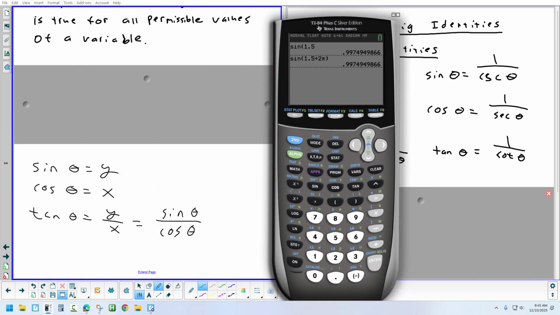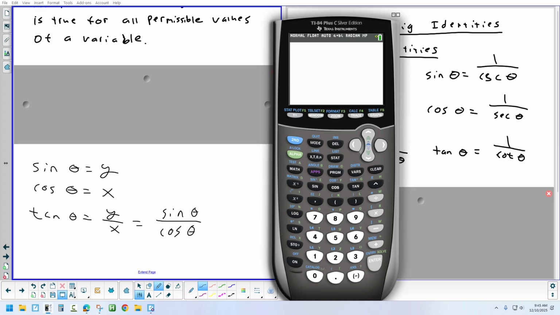So if you wanted to figure out, let's say, the tangent of 4.3 radians, and for some reason you didn't have a tangent button, you could take the sine of 4.3 and divide by the cosine of 4.3. Dividing the sine by the cosine gives you the exact same thing as the tangent.